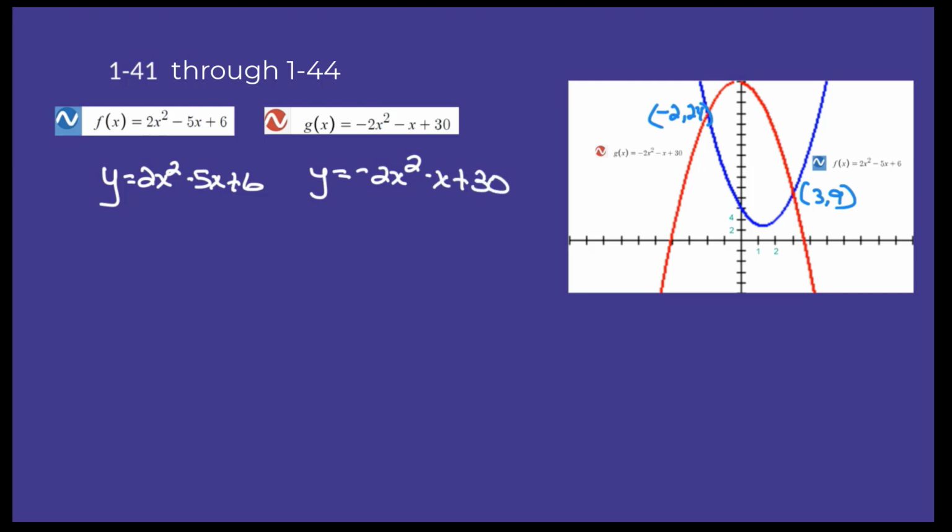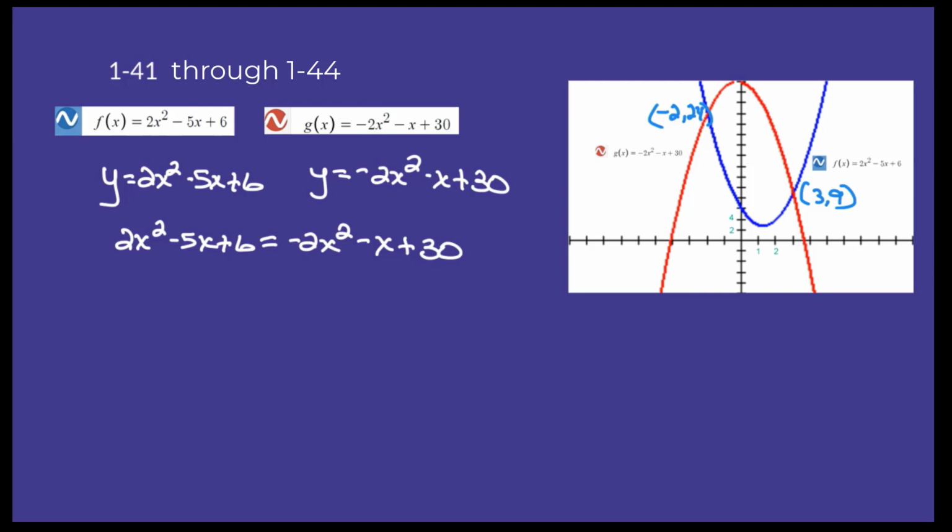So what we're going to do right now is we're going to set, because they both equal y, and we are looking for an intersection point, we can set these equal to each other. So I'm going to set 2x squared equal to -2x squared minus x plus 30. Now, when we're solving for quadratics, and I'm not exactly sure how much experience you've had with quadratics, so I'm hoping this is a review for some, but it may not be.